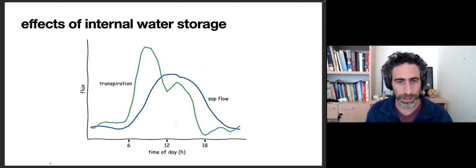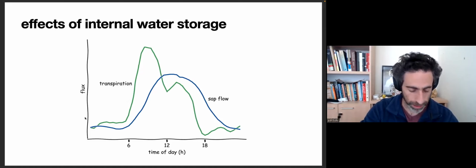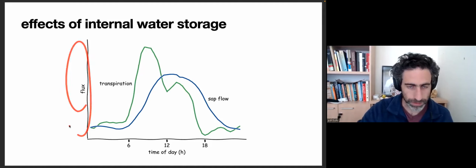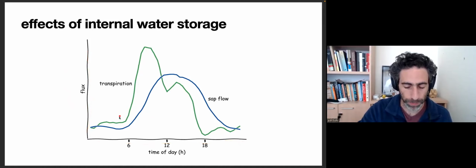So here I made this graph from real data, but I show it like a cartoon because I want to show you the qualitative behavior. Here I have the flux, and here I have time. The transpiration is water coming out.